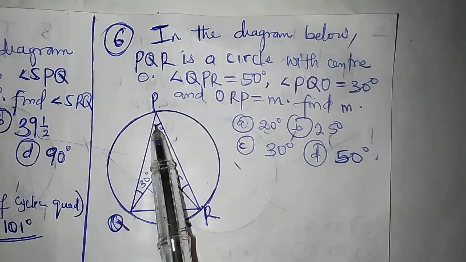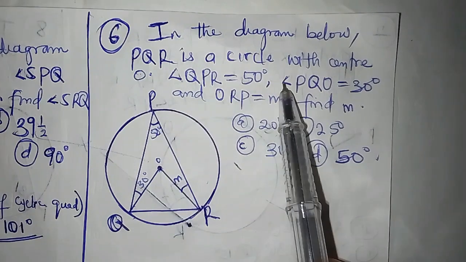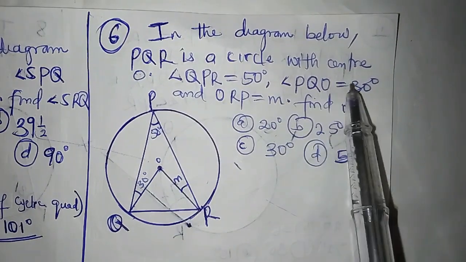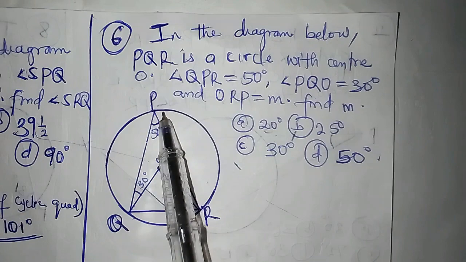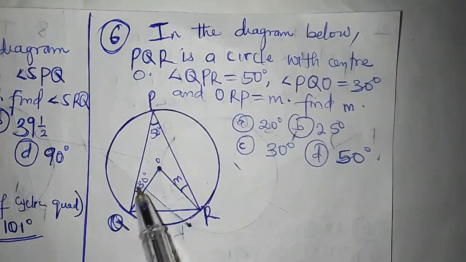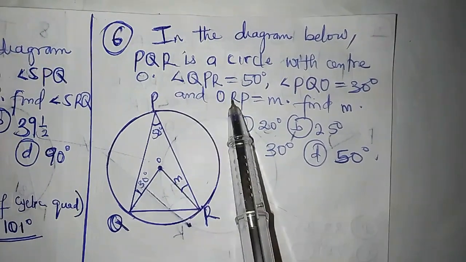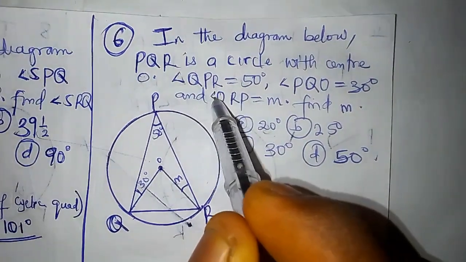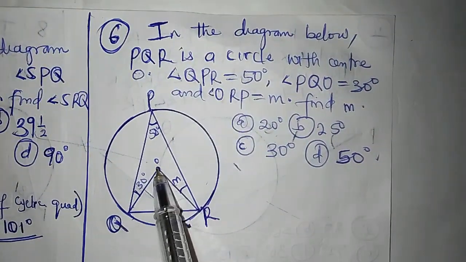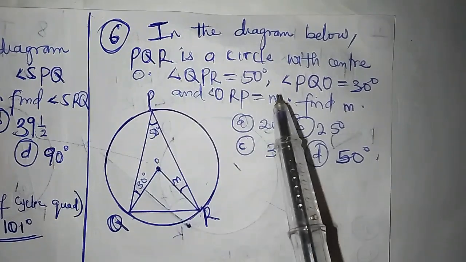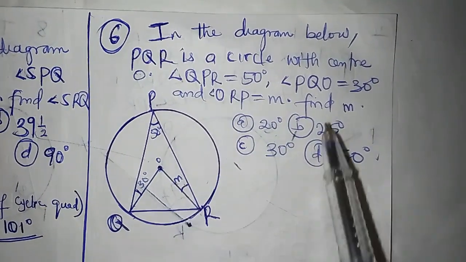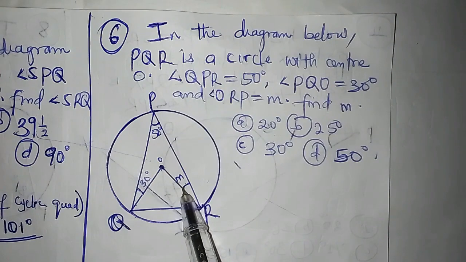QPR, this angle here, 50 degrees. Angle PQO, 30 degrees. PQO, this one, 30 degrees. And angle ORP, this angle ORP equal to M. We have to find this value of M.